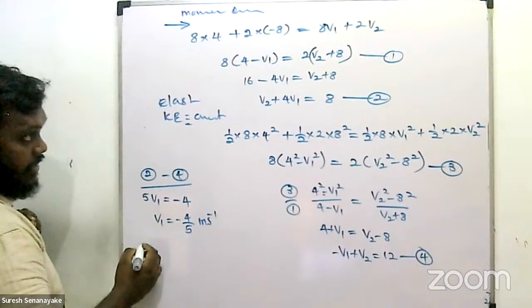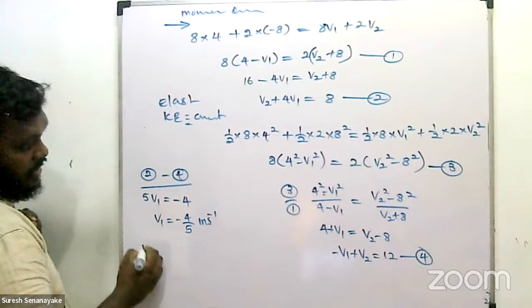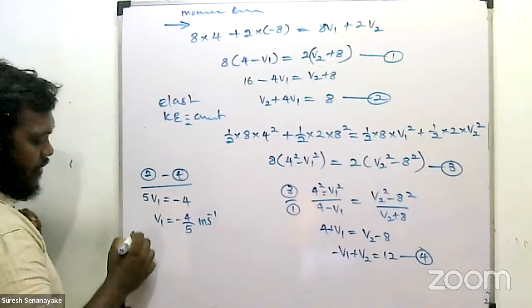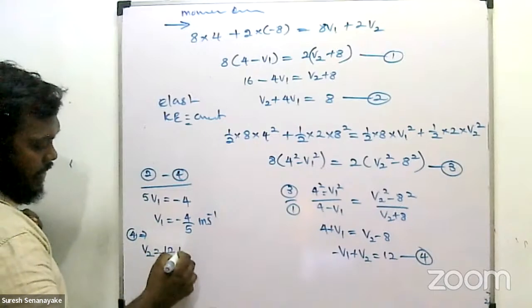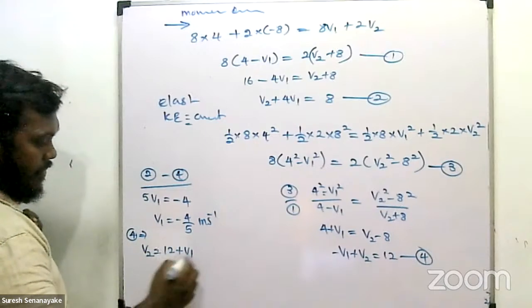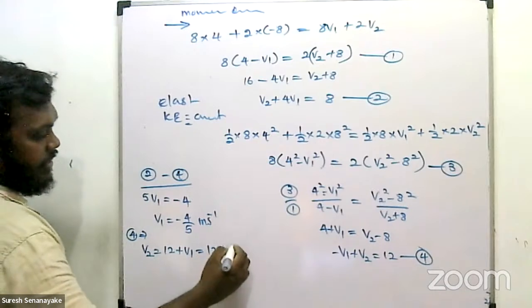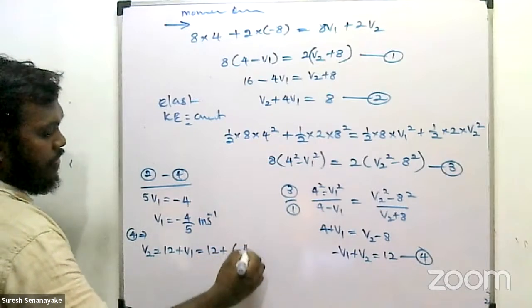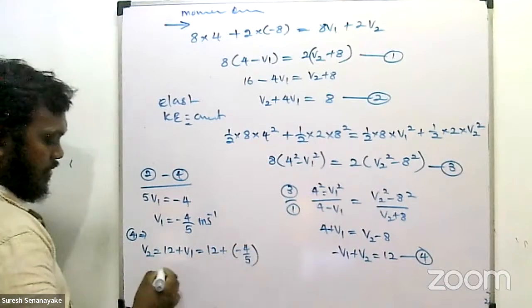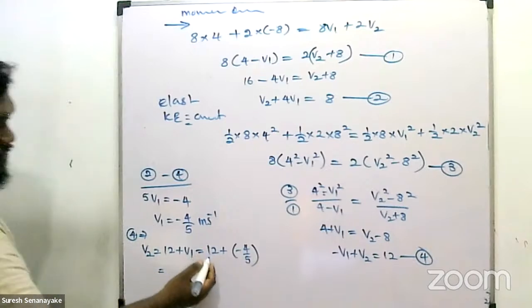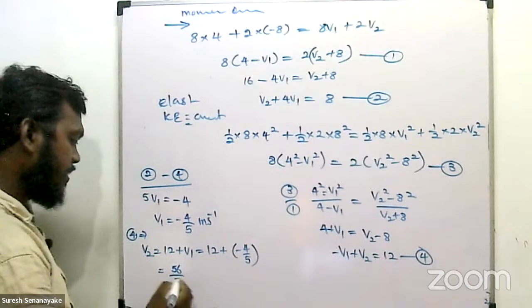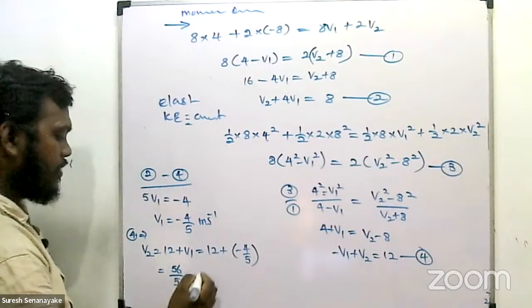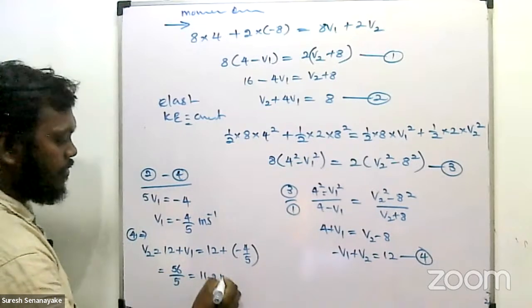And using one of the equations, let's say the fourth equation, you can find v2. That's v2 equals 12 plus v1. So that's 12 plus v1, which is minus 4 over 5. The common denominator is 5, that is 60 minus 4, which is 56. 56 over 5, so that is 11.2 meters per second.